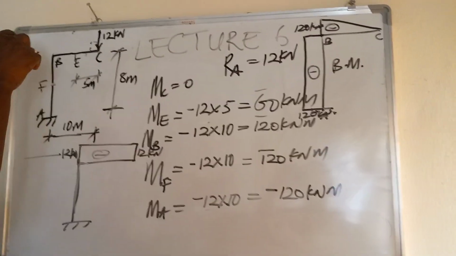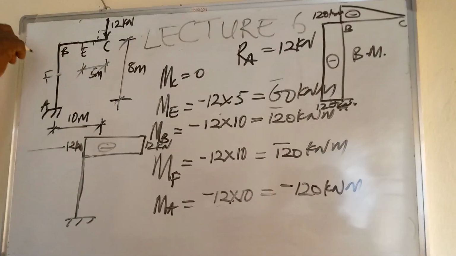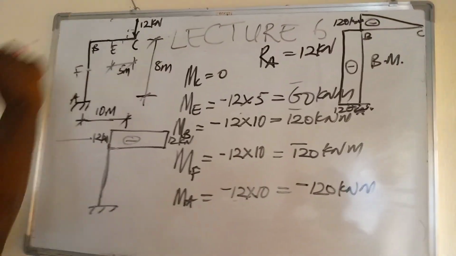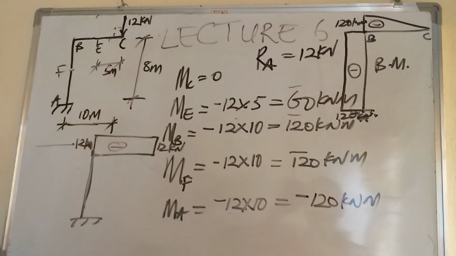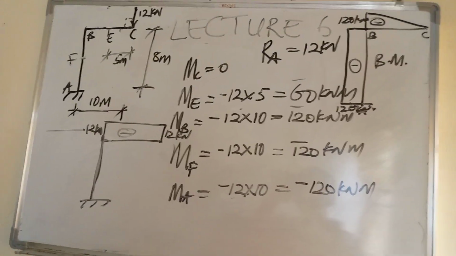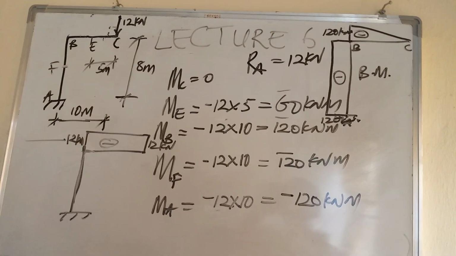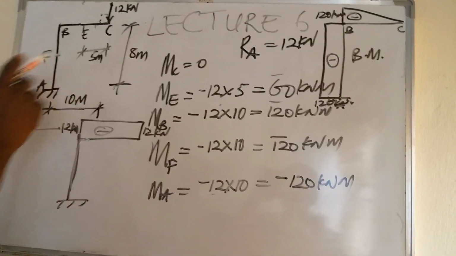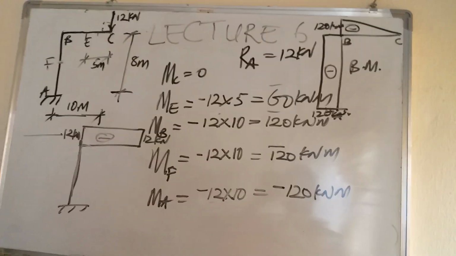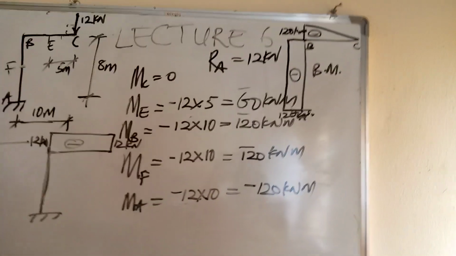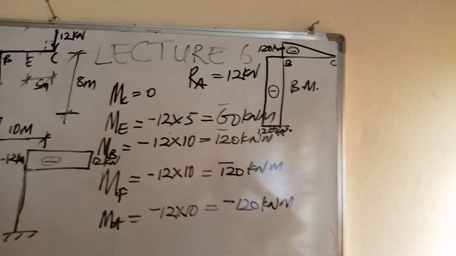Now let's deal with normal force. The normal force will occur in member AB. That's where normal force will occur, and that is still 12. There's no normal force in BC because the force is across the member BC. But the member BA is not across.